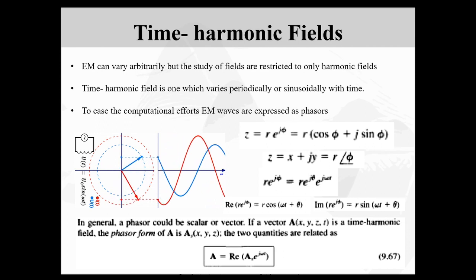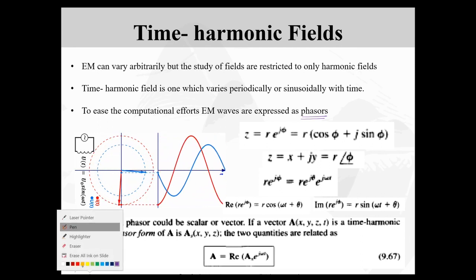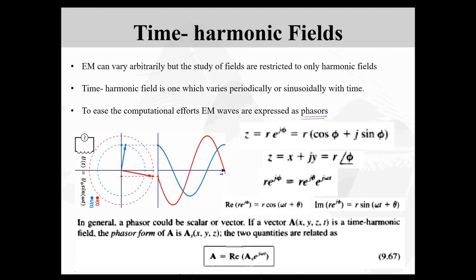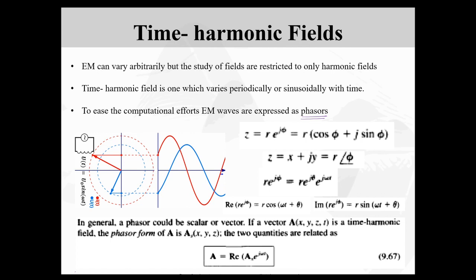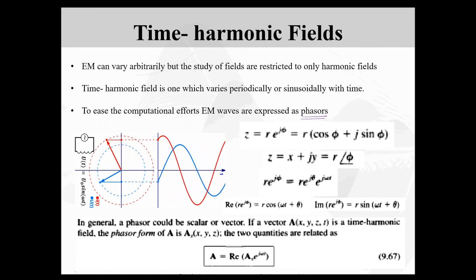Therefore, we are going to express them in the form of what are called phasors. Phasors are a very important concept, because when we talk about the fields, we needn't say the implicit function of time, thereby reducing the computational complexity in understanding electromagnetic waves. Therefore, we are going to introduce you to the concept of phasors.